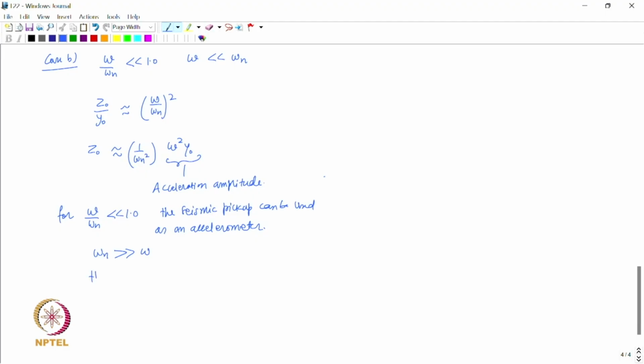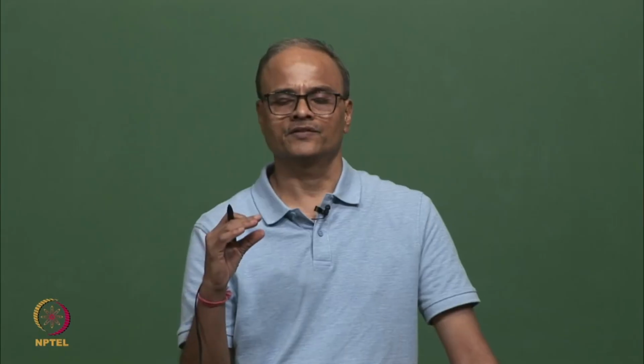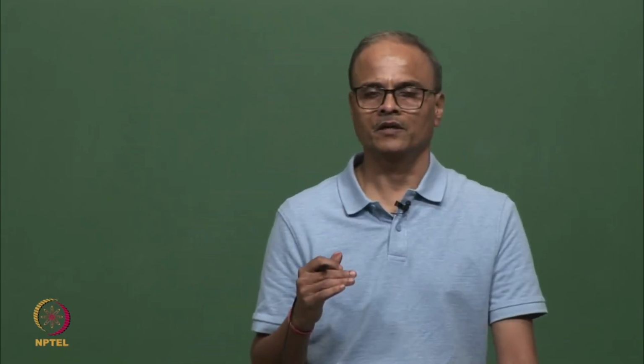Therefore, the natural frequency of the seismic pickup should be high, and a high natural frequency can be realized by having a smaller seismic mass and high stiffness of the seismic system.